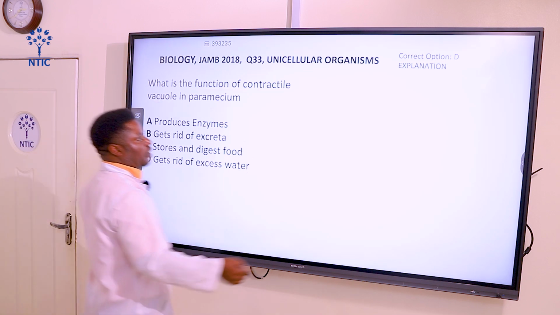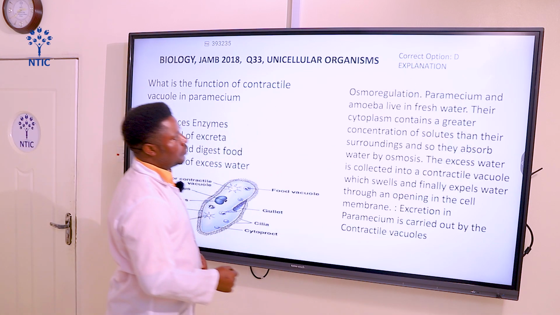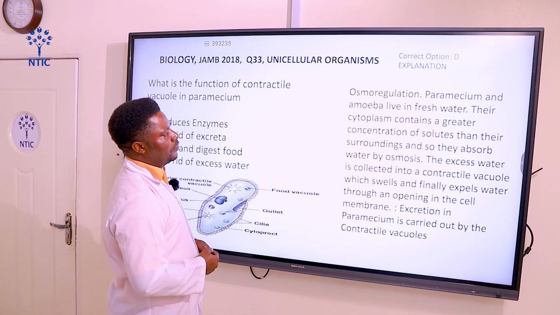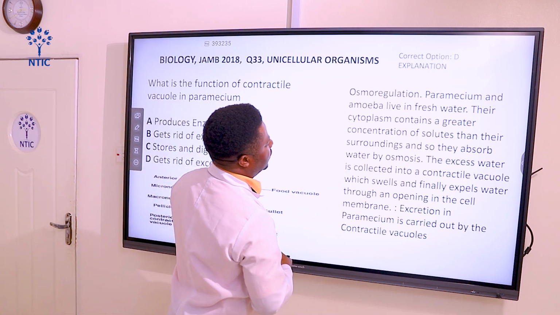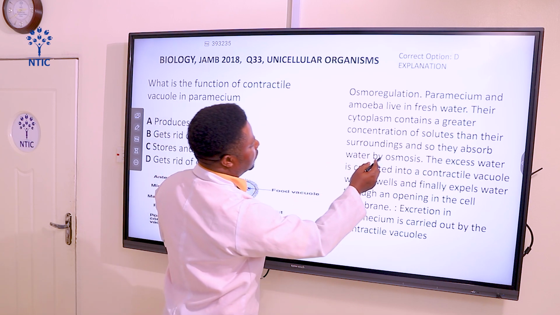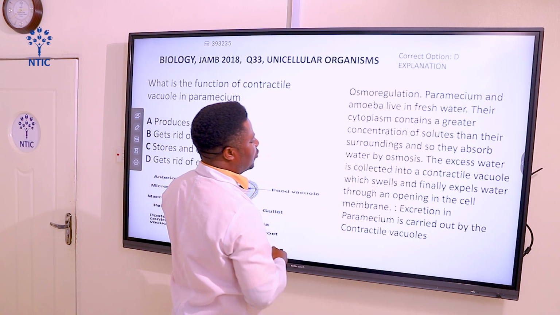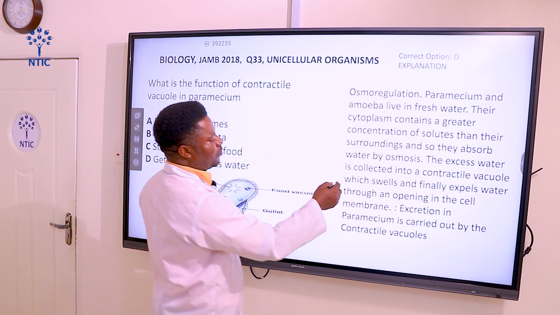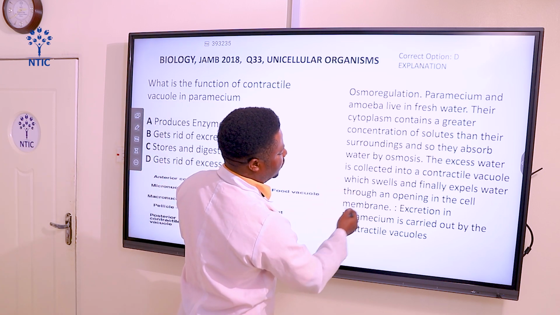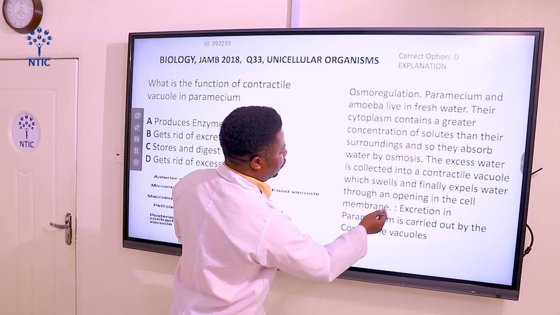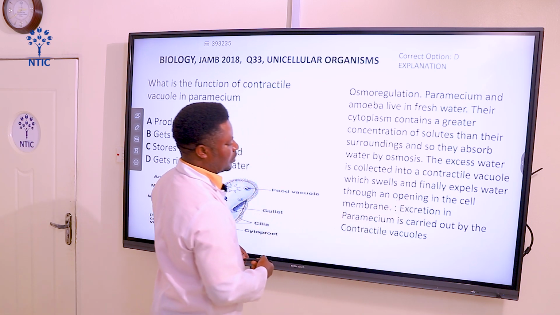Let's see the explanation we have here. We said osmoregulation. Paramecium and amoeba live in fresh water. Their cytoplasm contains a greater concentration of solutes than their surroundings, and so they absorb water by osmosis. The excess water is collected into a contractile vacuole, which swells and finally expels water through an opening in the cell membrane.